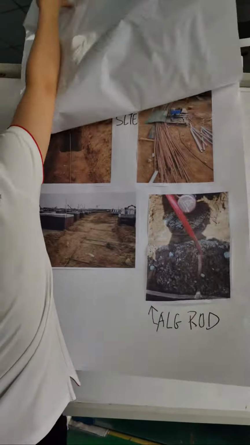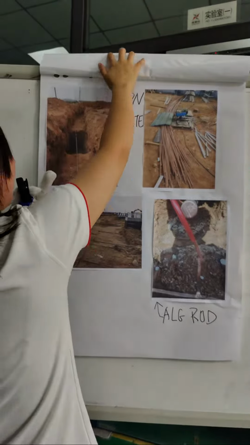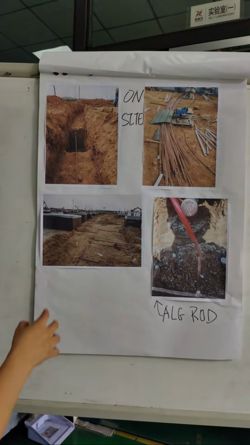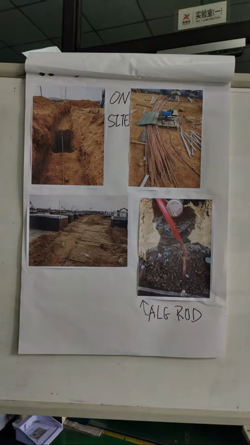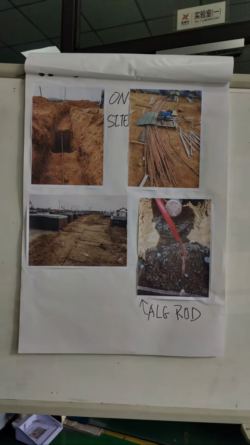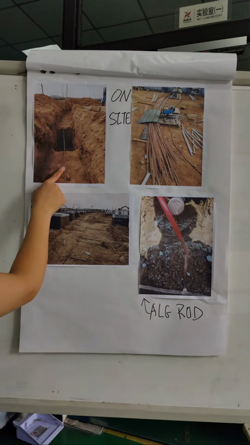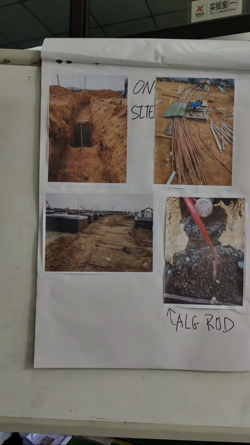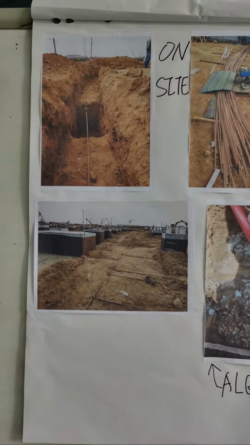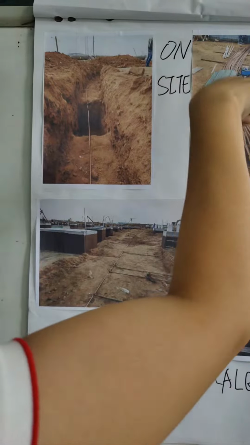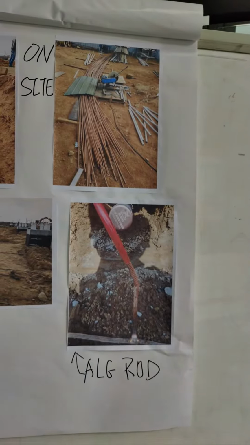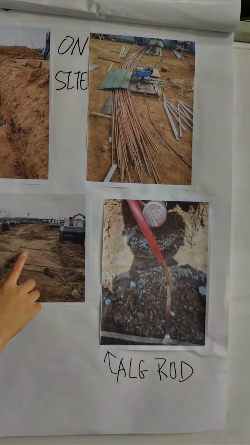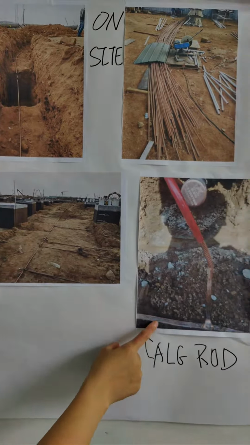And I also want to show you some pictures sent by our customers. This is some project on-site pictures our clients have sent to us. You see here, they are burying the copper-clad round wire in a horizontal mat. Remember, I showed you the mat. And these are some copper bonded round wire. And this is ALG rod.